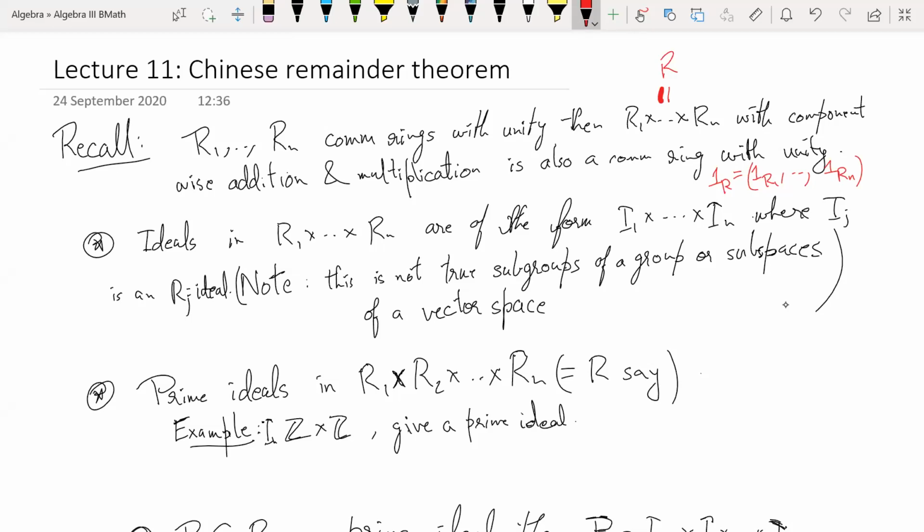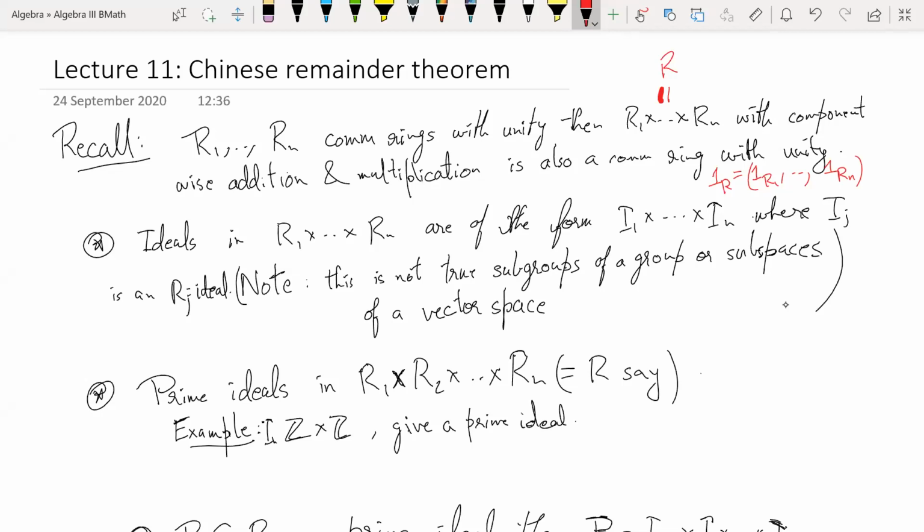If R1 to Rn were groups, then not every subgroup looks like this. You could have some diagonal kind of subgroup. If you have Z mod pZ cross Z mod pZ, then you can take the subgroup generated by (1, 1), which is of order p, and you can't write it as a subgroup in Z mod pZ cross some subgroup in Z mod pZ.